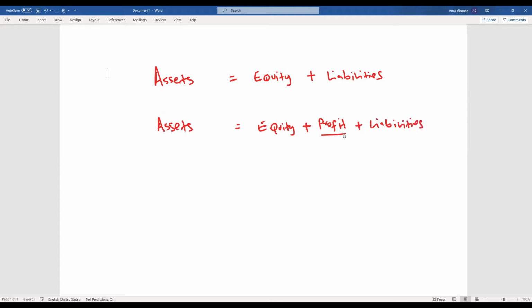So I have added profit. Why is the profit added? Because profit belongs to the owners. Therefore, you should add the profit to the equity.